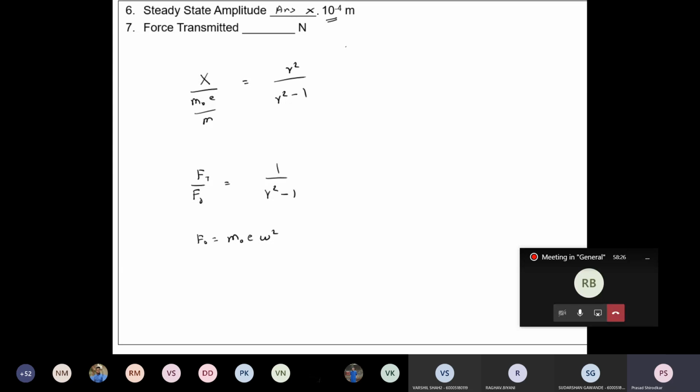The answer is already multiplied by 10 raised to minus 4 meters, so you adjust your answer accordingly and write both the answers to the nearest possible whole number.